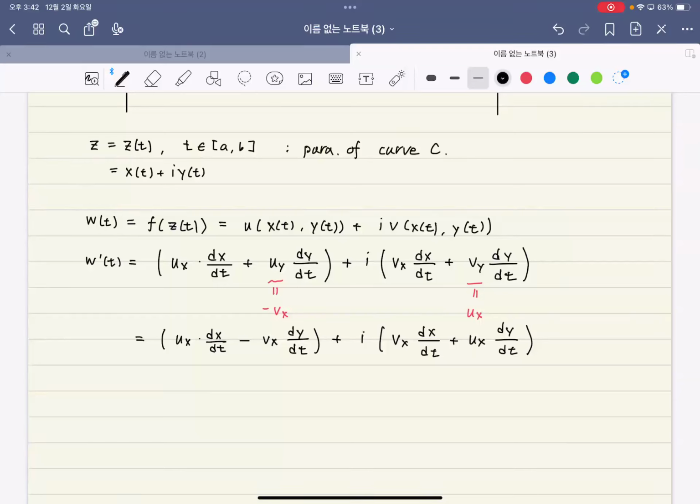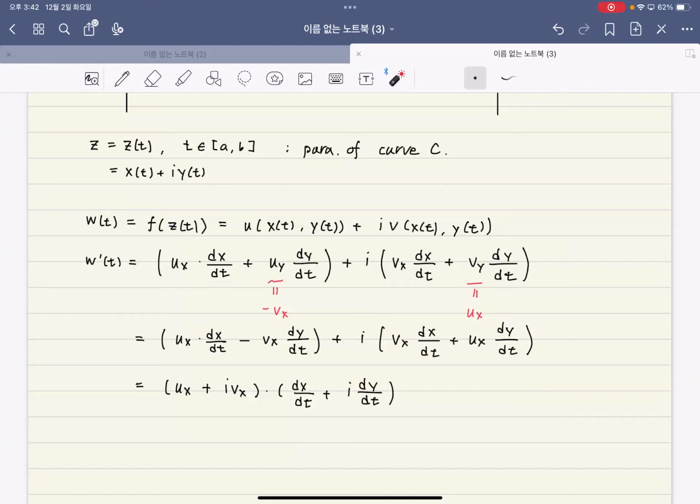Now I will change this final expression into something more familiar, like this: (u_x plus i times v_x) times (dx/dt plus i times dy/dt).